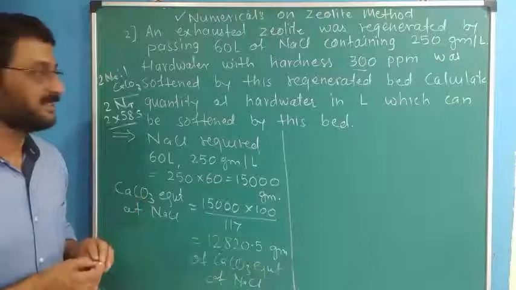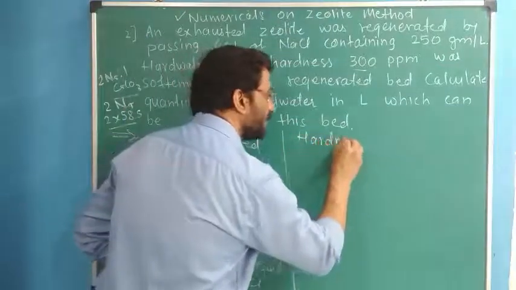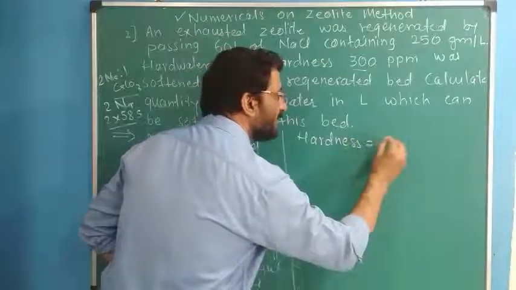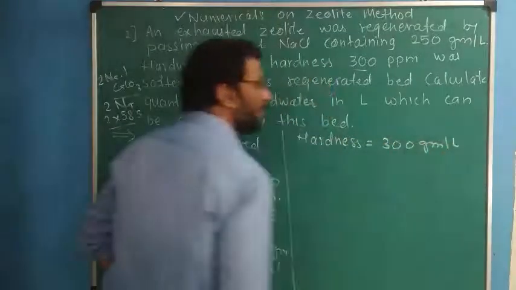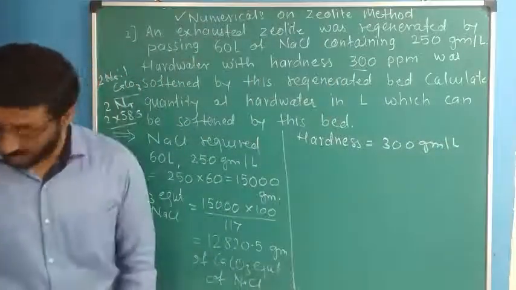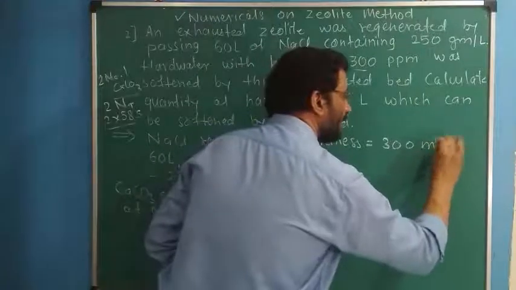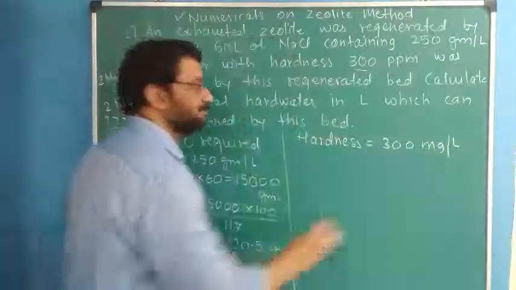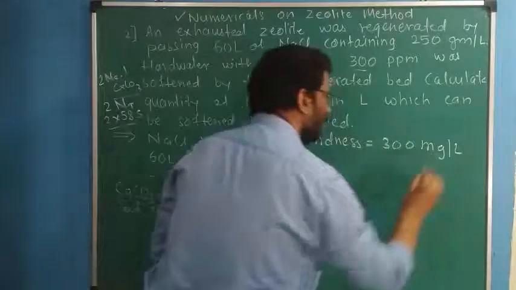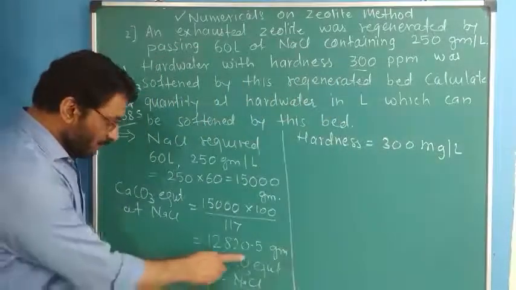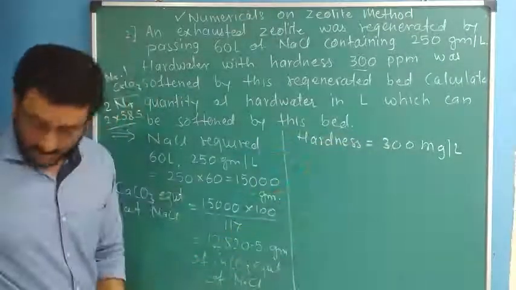So let us think on this. The hardness of water is 300 ppm, that is 300 milligrams per liter. Okay, that is clear. Either you convert gram to milligram or take milligram to gram.